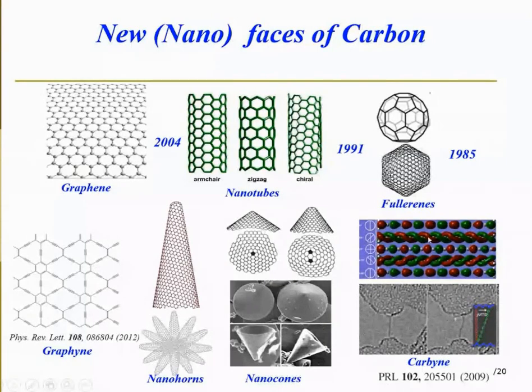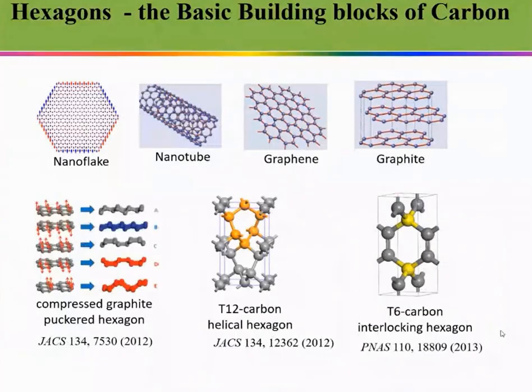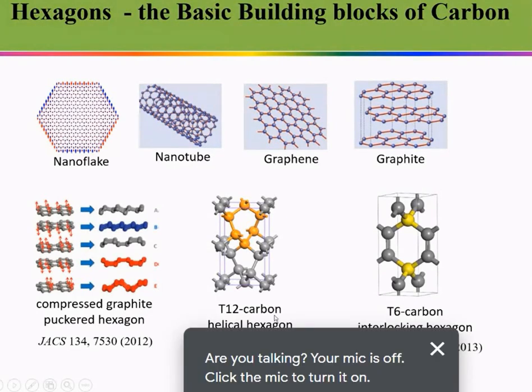So many of the new forms of carbon are built out of 6-member rings, with some 5-member rings that are separated from each other by, for example, hexagons. And you have nanohorns, nanotubes, graphene, graphite, all of them have the hexagon as the primary building block.